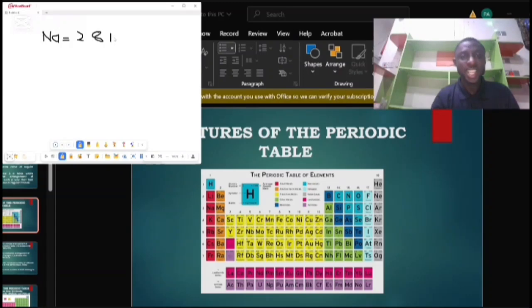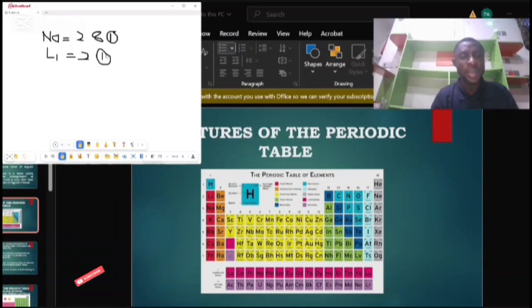So the last electron, which is the valence electron, is 1. Another element in group 1 is lithium, and lithium is number 3. The atomic number is 3. If you write the electronic configuration of lithium, that will be 2, 1.